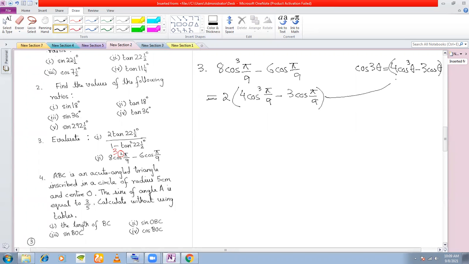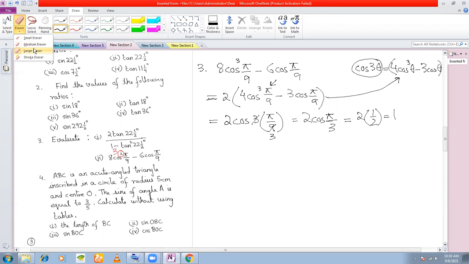So now if you compare this with the formula, this can be written as cos thrice theta, and theta here is pi by 9. So this can be written as twice cos 3 times pi by 9, which is twice cos pi by 3, and pi by 3 is the same as cos 60. Cos 60 is half, so the answer is 1. Clear? Yes, sir. Can move on to the next one now.